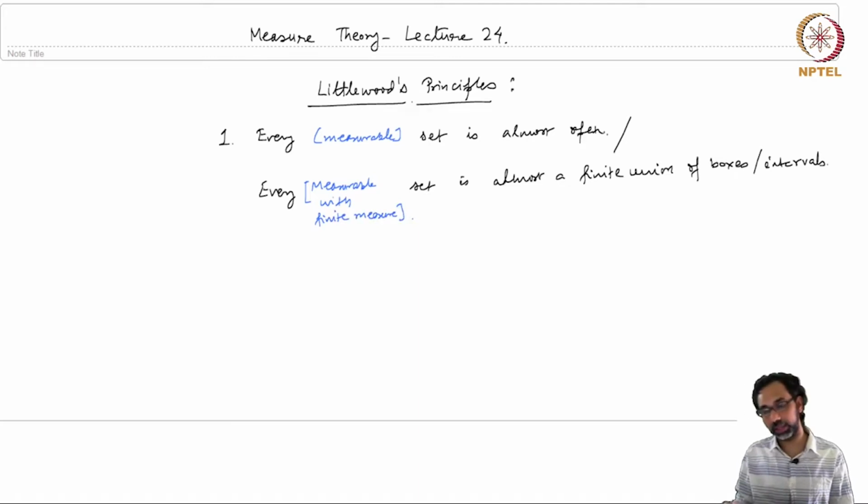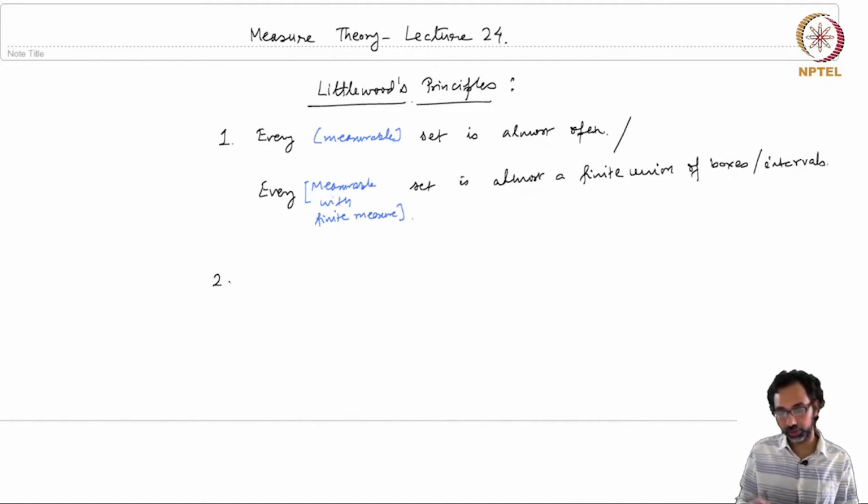It's a nice exercise to show that every measurable set with finite measure can be approximated with respect to the symmetric difference by a finite union of boxes, such that the measure of the symmetric difference of the set with this finite union of boxes is less than or equal to some given epsilon. In this way, Littlewood's first principle gives you an intuitive idea of what a measurable set, and a measurable set with finite measure, should look like.